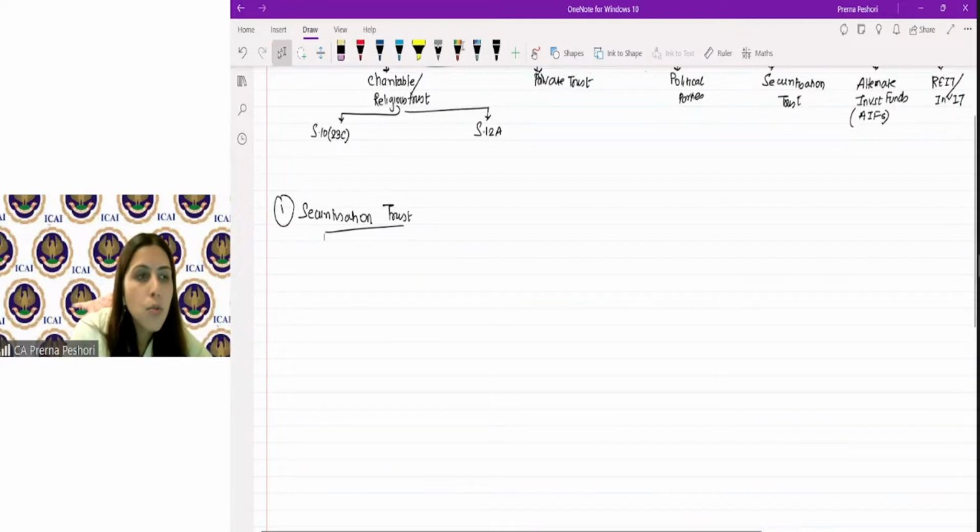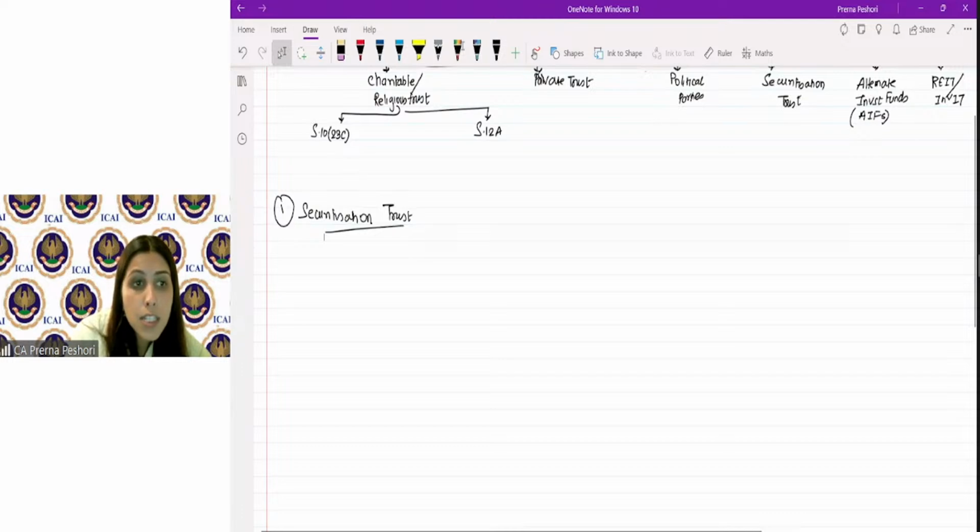Now I'll explain with an example so that you understand what these trusts are and how they operate. In case of the securitization trust, these trusts are operating for a specific purpose, as I told you.